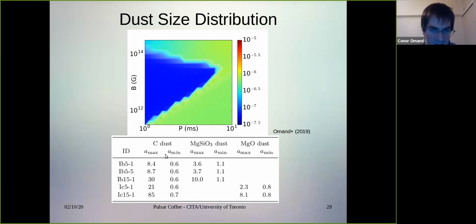So you can see the minimum size here is essentially the same for everything in carbon because it's at our model minimum. And so it looks like we would be in the equilibrium of dust formation and sublimation for an extremely long time. We may form dust, but it will be very, very small if we do. And this is over an extremely large portion of the parameter space.